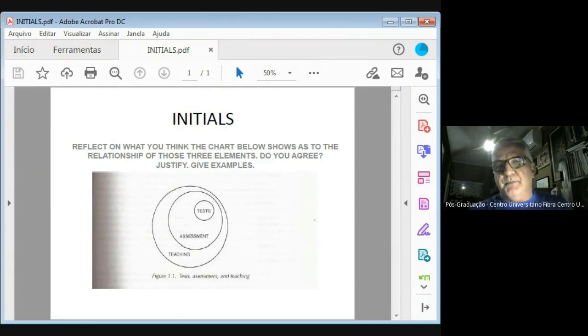For example, if you have a student in your class who is very shy, you can't use the tools to revert that shyness if you don't first talk to the student, if you don't first find out what is the problem with the student. It may be a problem inside the class. It may be a problem with the family. It may be a problem with a past trauma that he had.